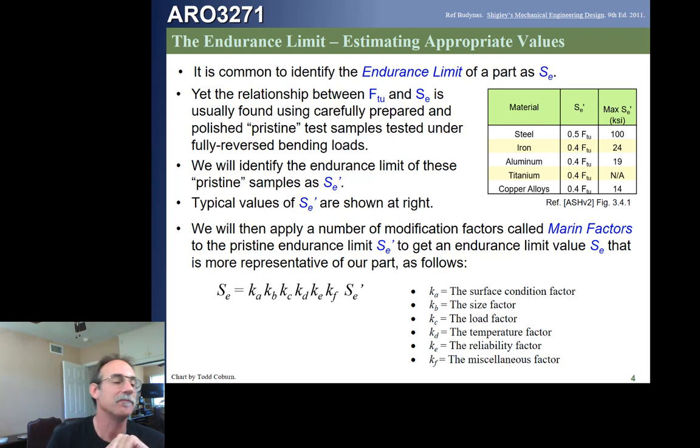Got it? Now that we understand the pristine, perfect endurance limit for the material, S sub E prime, we can begin to change that perfect, pristine endurance limit into something that more accurately represents how our part will behave. Things like the surface finish, the loading, the temperature, and other factors can affect the endurance limit, as well as how careful we want to be.